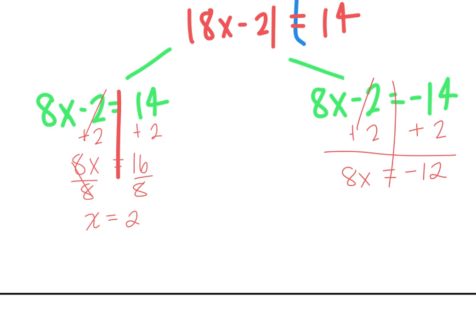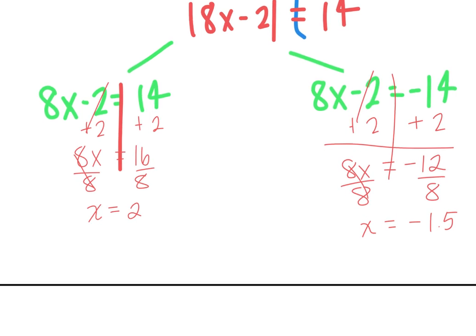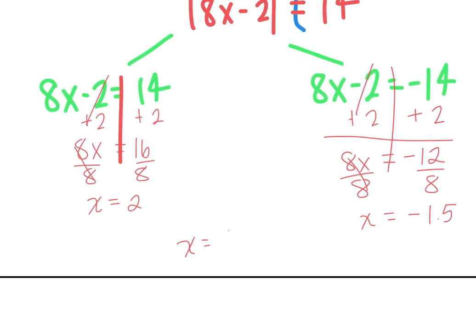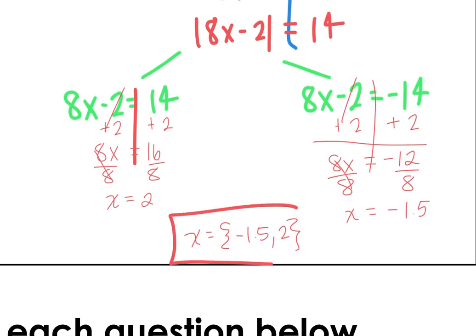Then I divide by the coefficient, so I divide both sides by 8, which means my other solution is negative 1.5. So there is one more example of solving that absolute value equation when there's two solutions.